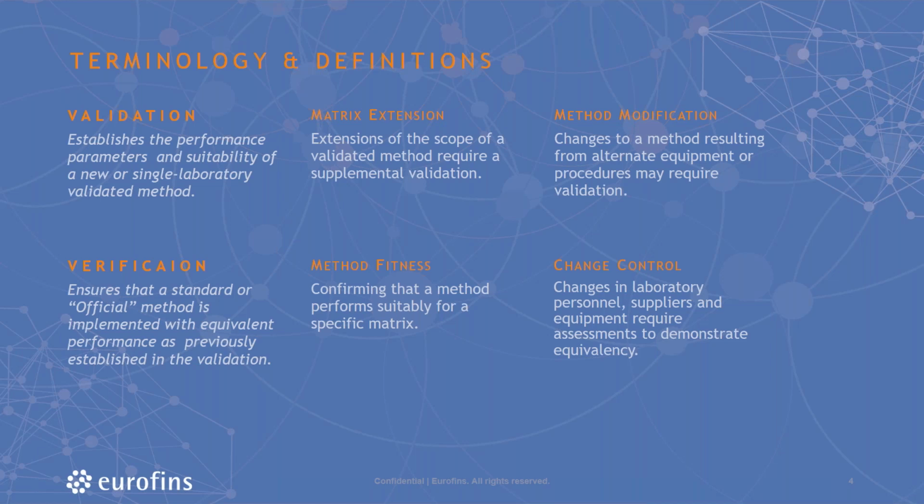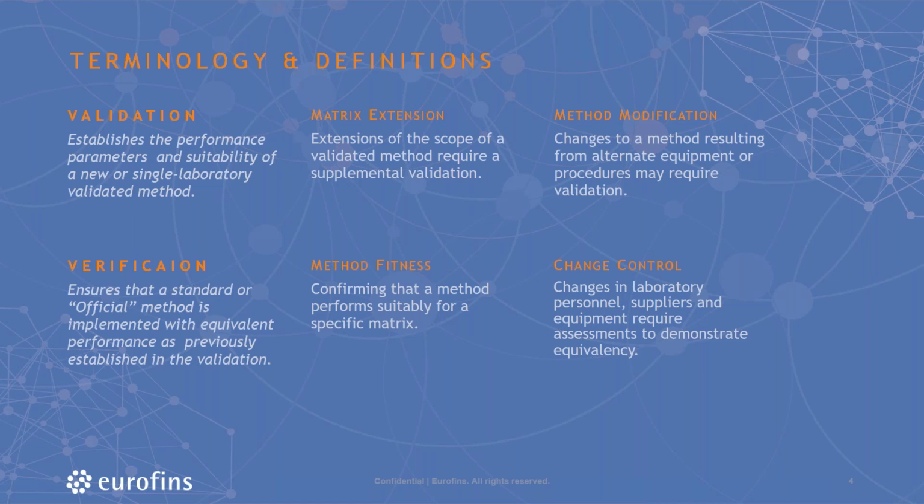And the most common issue that you'll find when looking for a method that applies to a sample type, where you might not have a direct match for a standard method, would be a matrix extension. So matrix extension is when you have a sample type that doesn't neatly fall into the category of matrices that were in the original method validation. So a supplemental validation is required to include that.